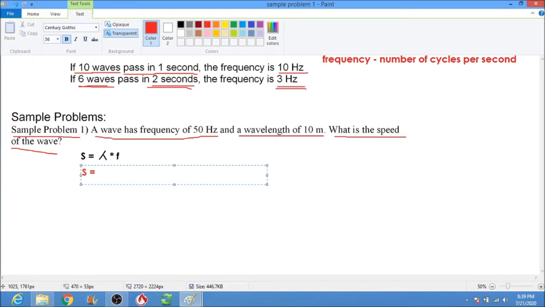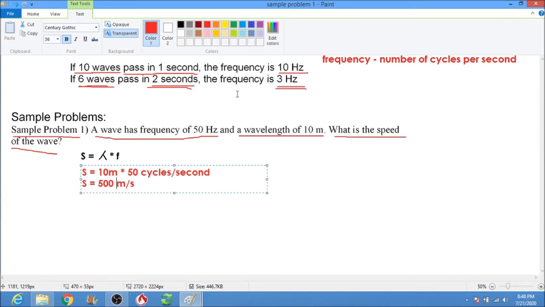The wavelength is 10 meters, multiplied by the frequency, which is 50 cycles per second. So v is equal to 10 times 50, that will be 500 meters per second. That is the speed of our wave with a wavelength of 10 meters.